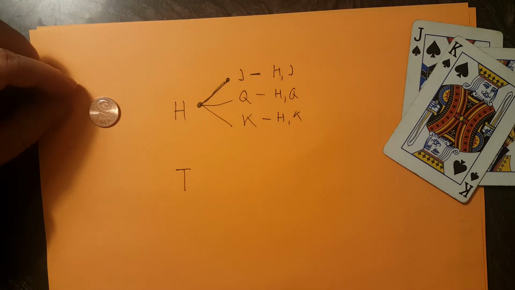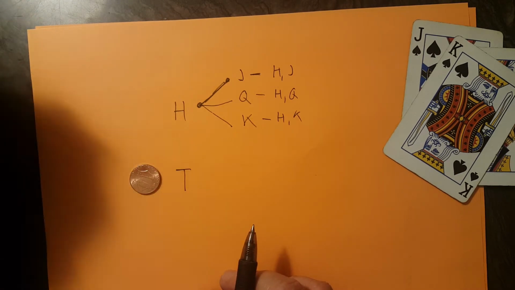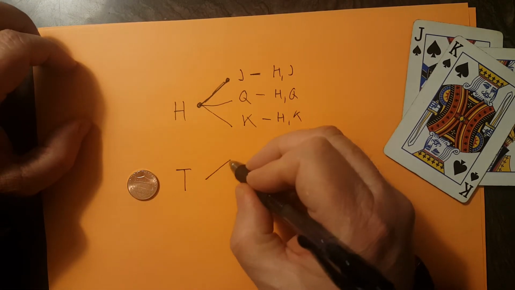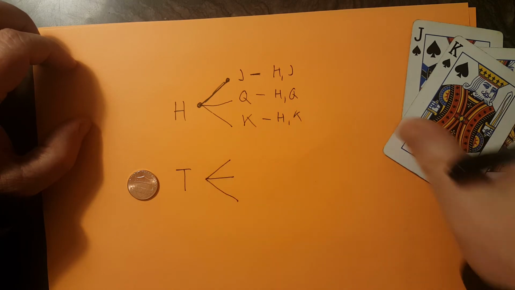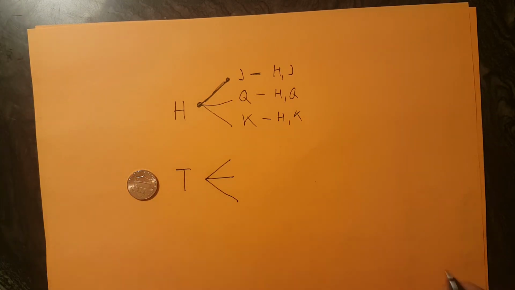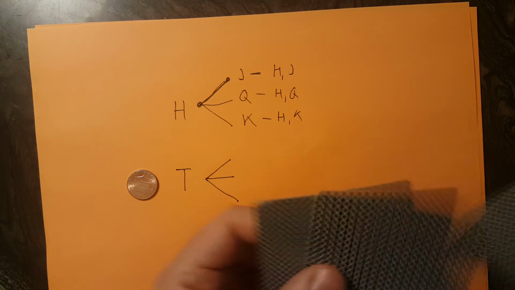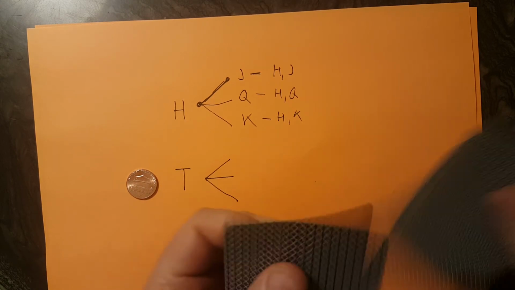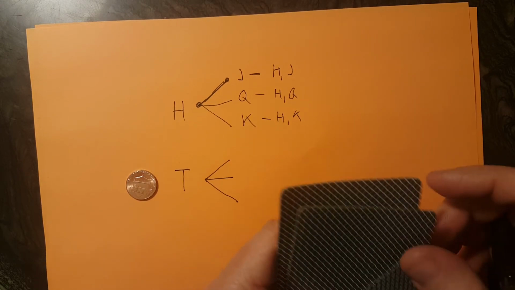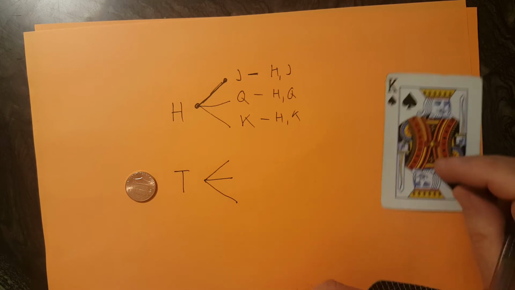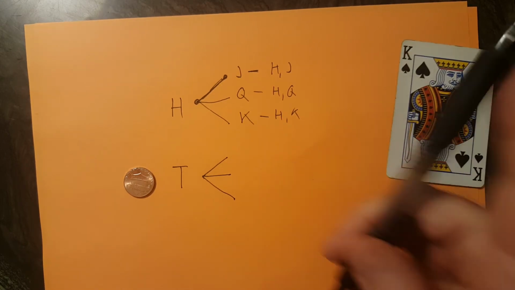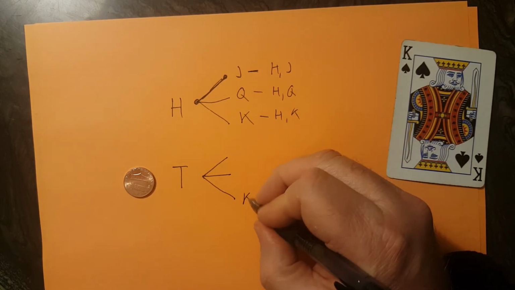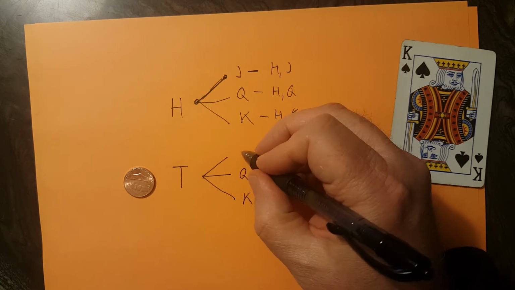Now also, when I flipped the coin, it could have come up tails. Okay? If it came up tails, when I drew the cards, again, they're independent events, so it doesn't affect at all which one I draw. So this time, when I mix these up randomly and draw one, I get a king. All right? So I could get a king, a queen, or a jack.